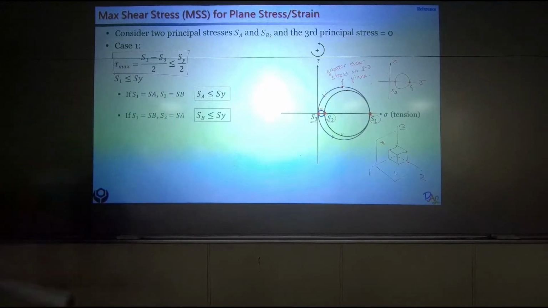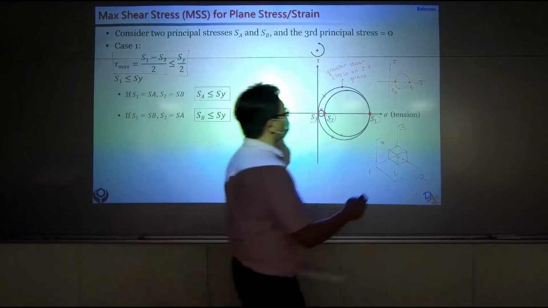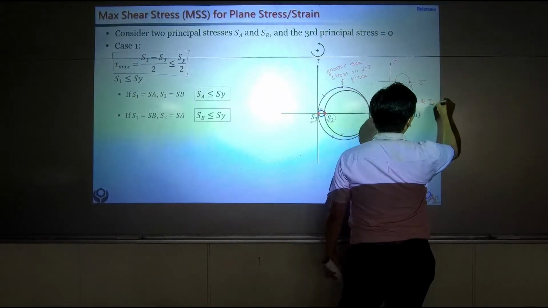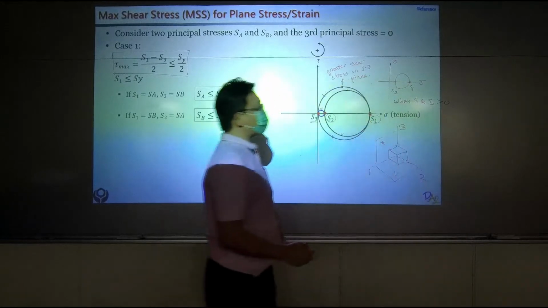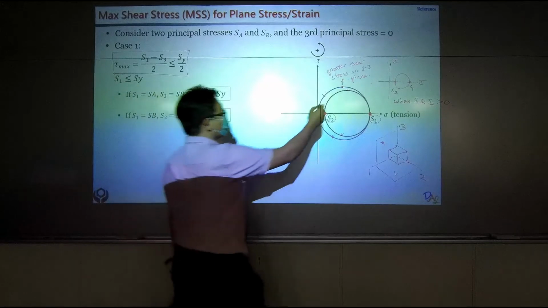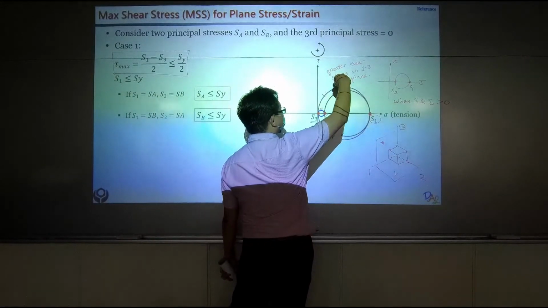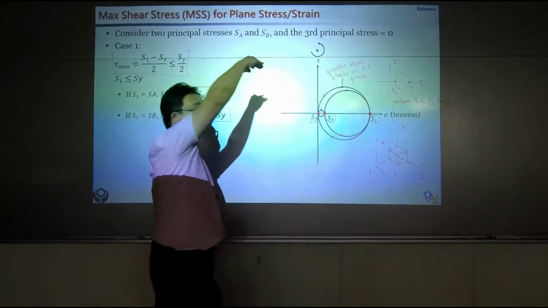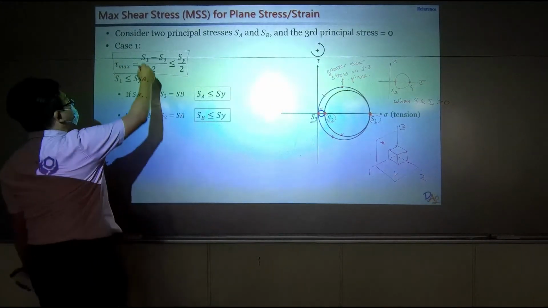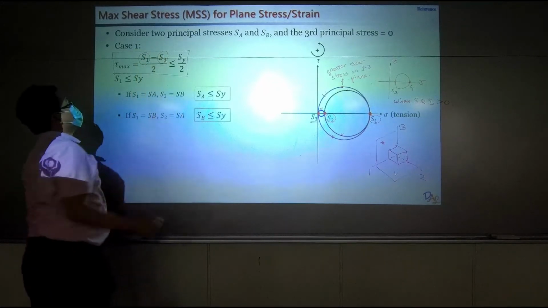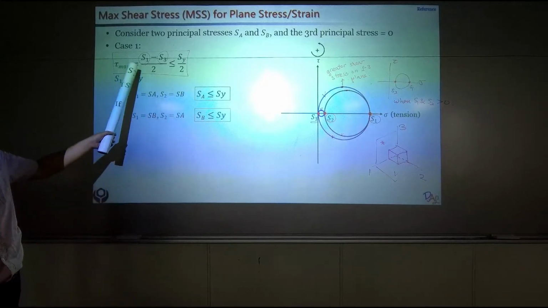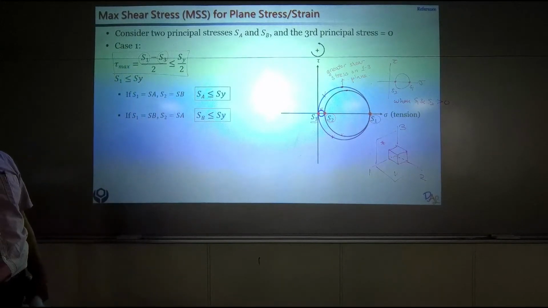In this particular case, when S1 and S2 are both positive, our maximum shear should be the tip at the top of this largest Mohr circle. So that's why we should have S1 minus S3 in this case, not S1 minus S2, correct?